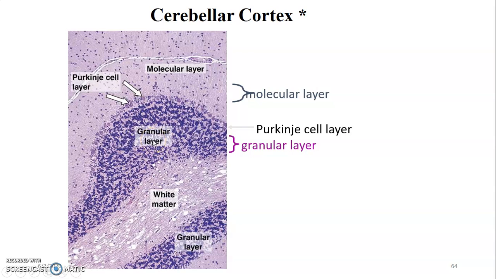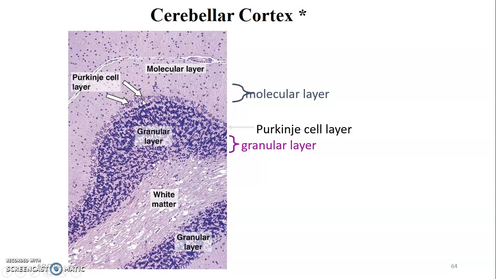Then the granular layer looks like granules of sand. This contains granular cells and Golgi cells. These are other different types of neurons. Then in between the molecular and granular layer, we have a Purkinje cell layer. Can you appreciate that? It's like a strip of one layer of cells. That's the Purkinje cell layer. It contains Purkinje cells, which are neurons that have a large, flask-shaped cell body.